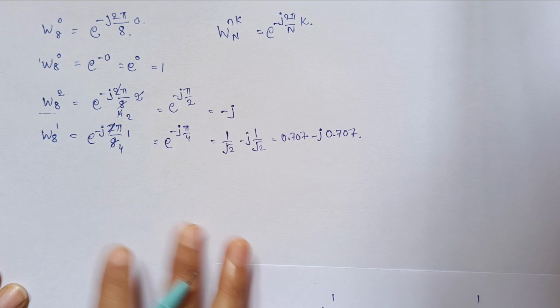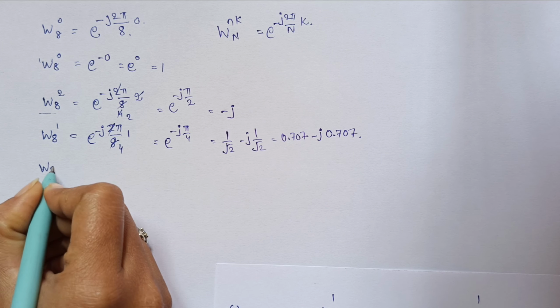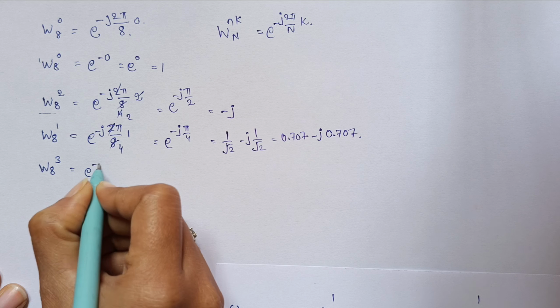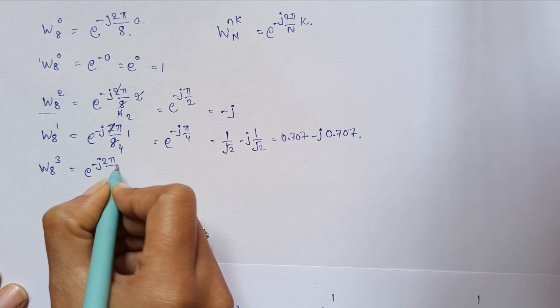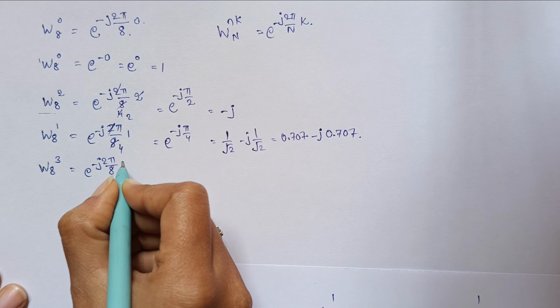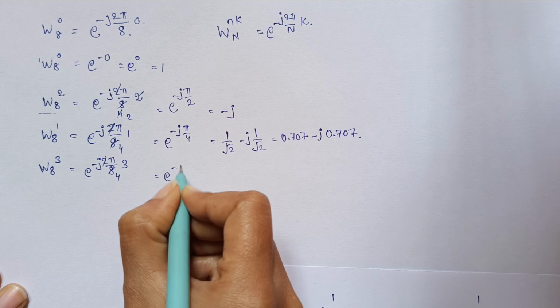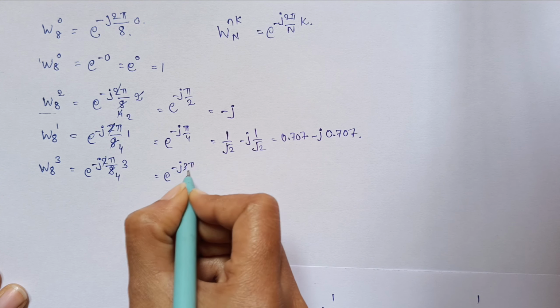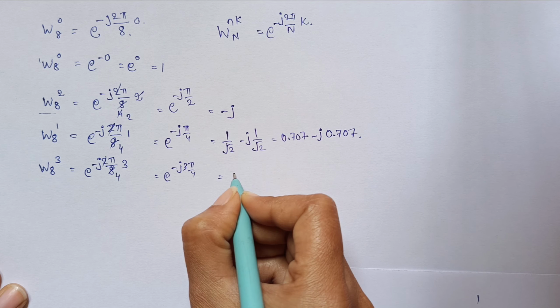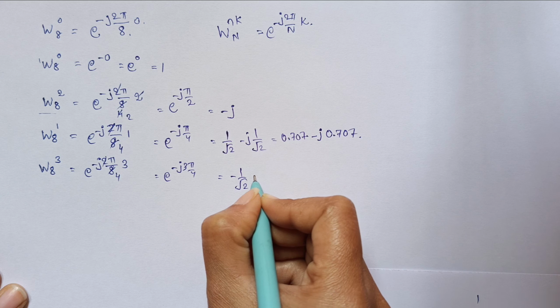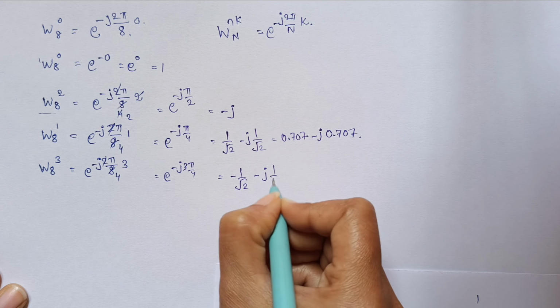Okay, now let's evaluate this for k value 3. So we will get again e to the power of 2 pi by capital N is 8 and k value is 3. So this will become 4, and we will get e to the power of minus j 3 pi by 4. So we will get the value over here as minus 1 by root 2 minus j 1 by root 2.